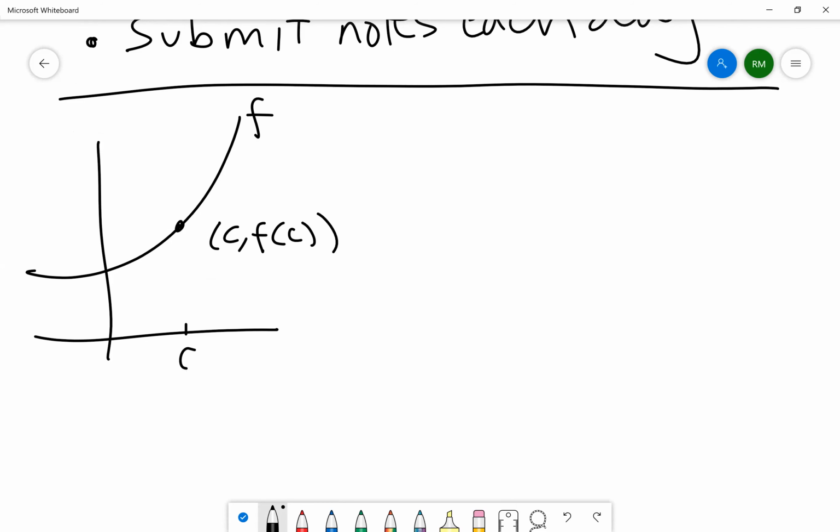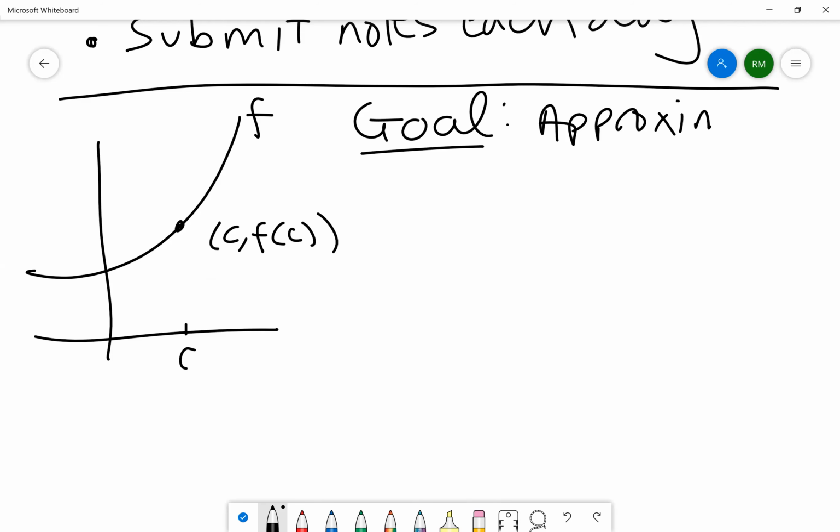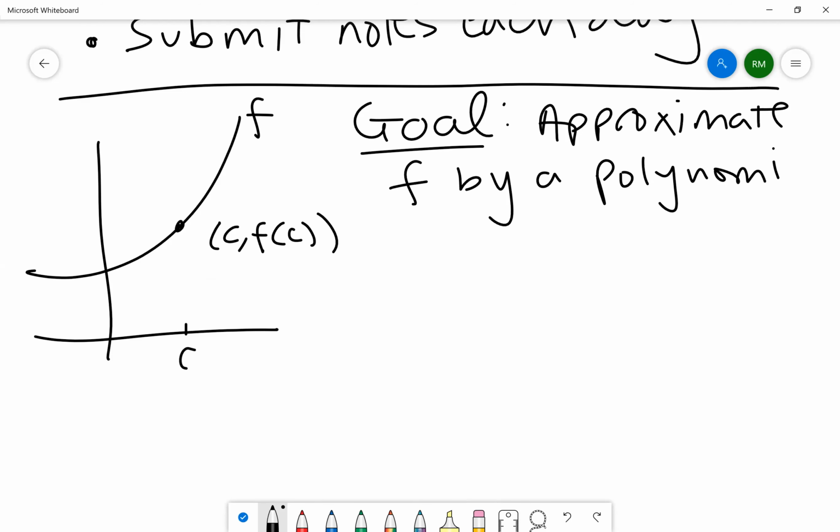That is the goal: to approximate f by a polynomial p, because we know how to add and we know how to multiply numbers, and that's about all we really know how to do.